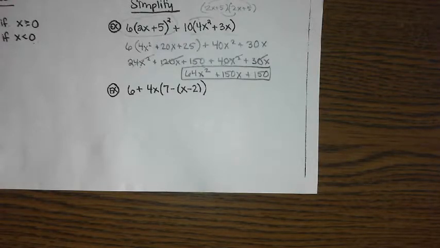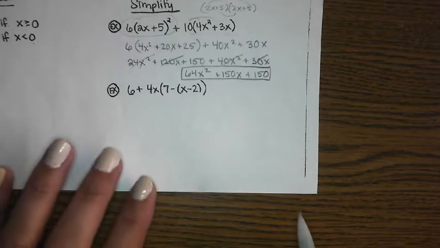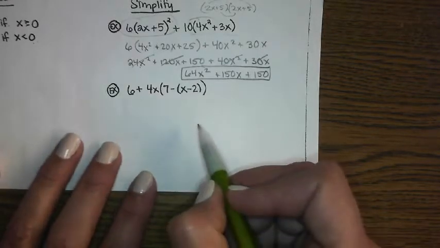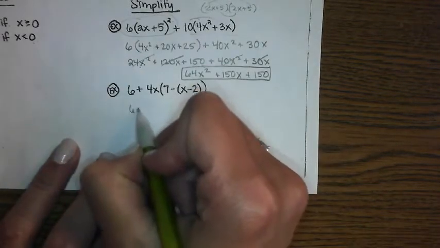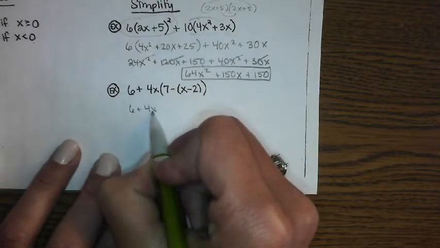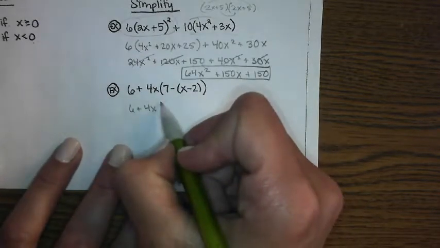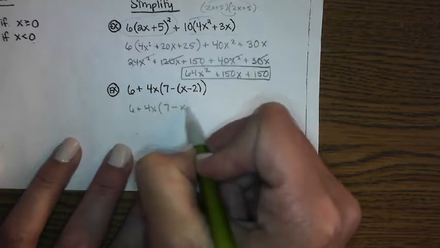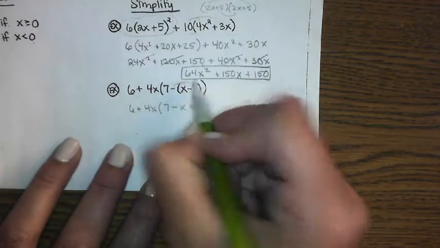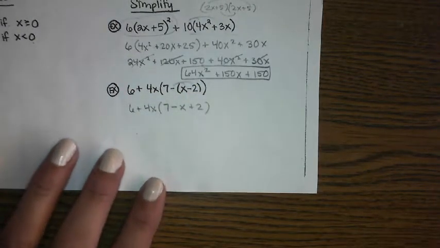You're Jess's sister? Okay, good. Alyssa, what would you do? Okay, so I'm going to write 6 plus 4x and tell me what to write from here. Very good. So she's distributing that negative sign, perfect.